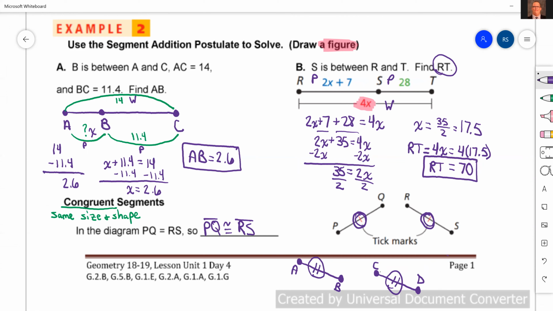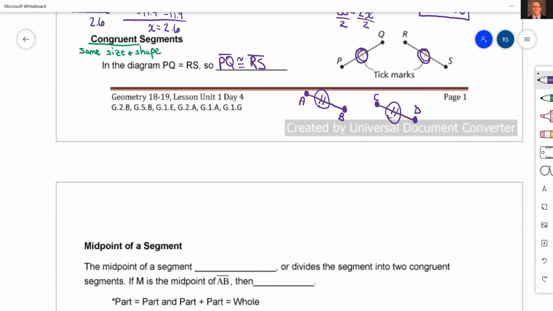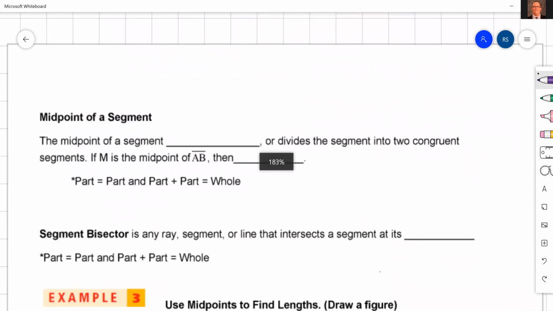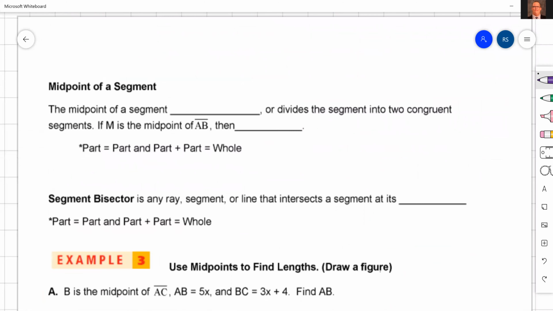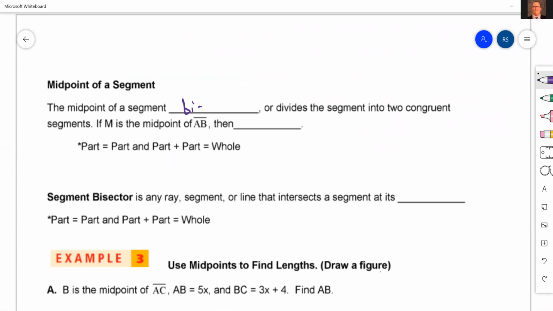Okay. So let's go to the next page now. Flip over to the back. There's a reason we talk about congruence. That's because when we get to the midpoint of a segment, the midpoint of a segment bisects or divides the segment into two congruent segments.